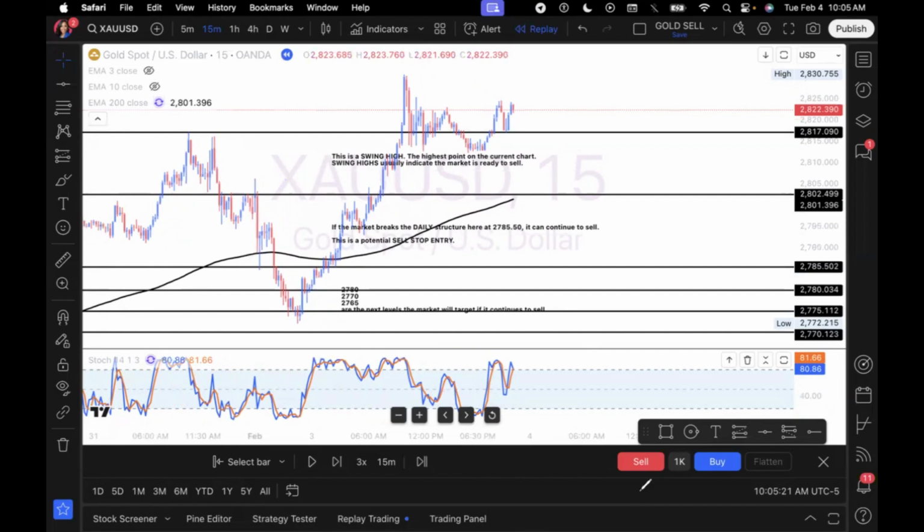And for my people who like to trade both sides of the market, they would have had their buy limits set in this area, and they would have been able to secure all of this profit going up, or at least profit at different levels, which will be these levels here. Now, as the market climbs and continues to reach new highs, you're just going to have to continue to make new levels so that you can know which areas to target.